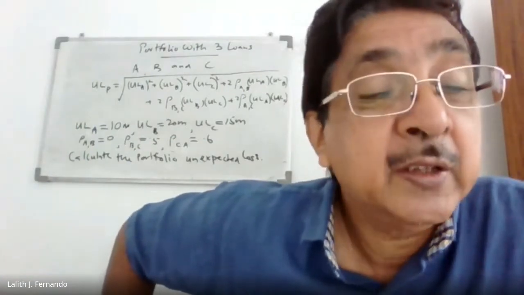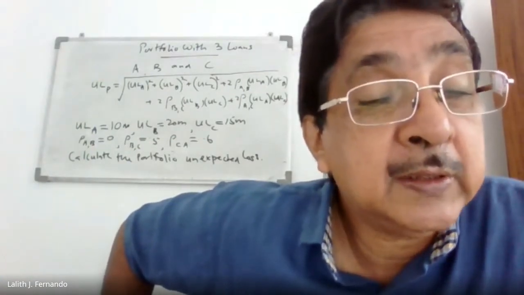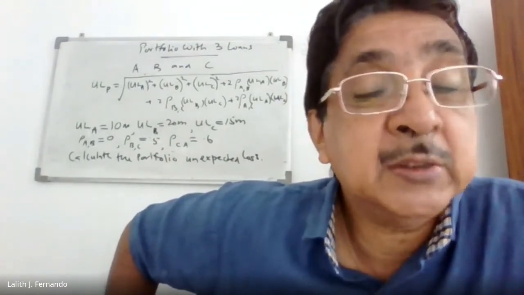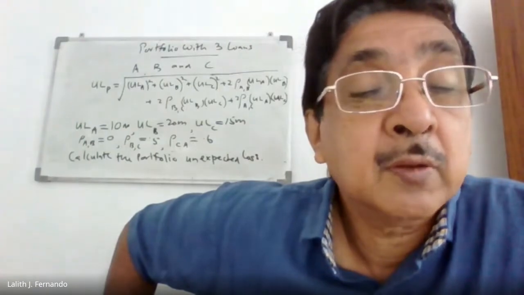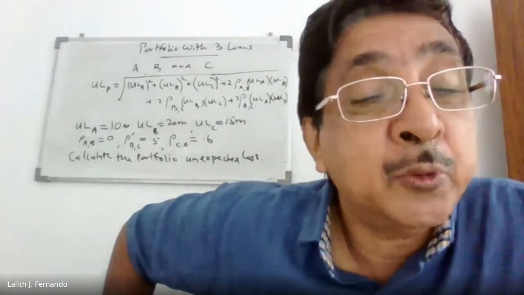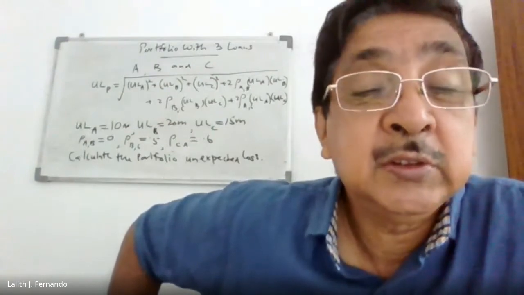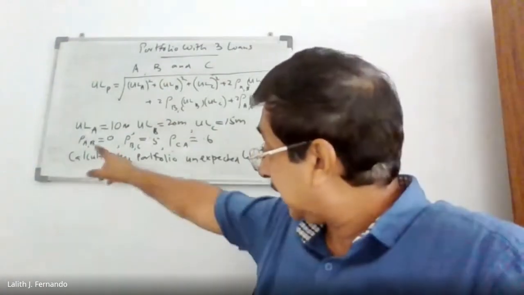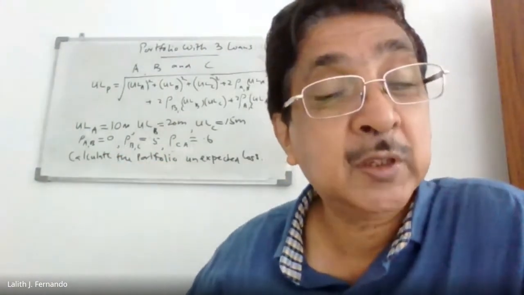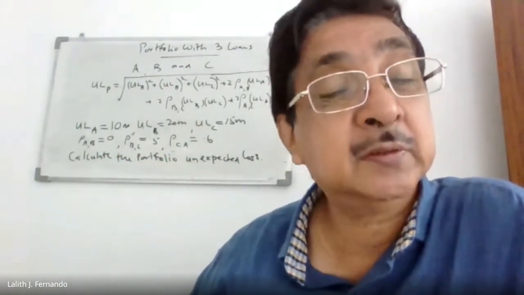But anyway, it is a bigger amount. The portfolio loss is a bigger amount. Now it would have been even bigger if you got a positive figure for rho AB.